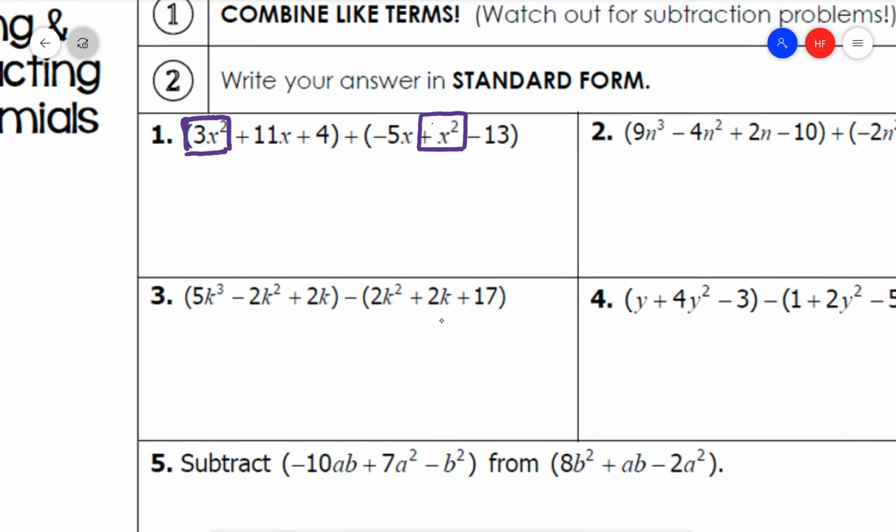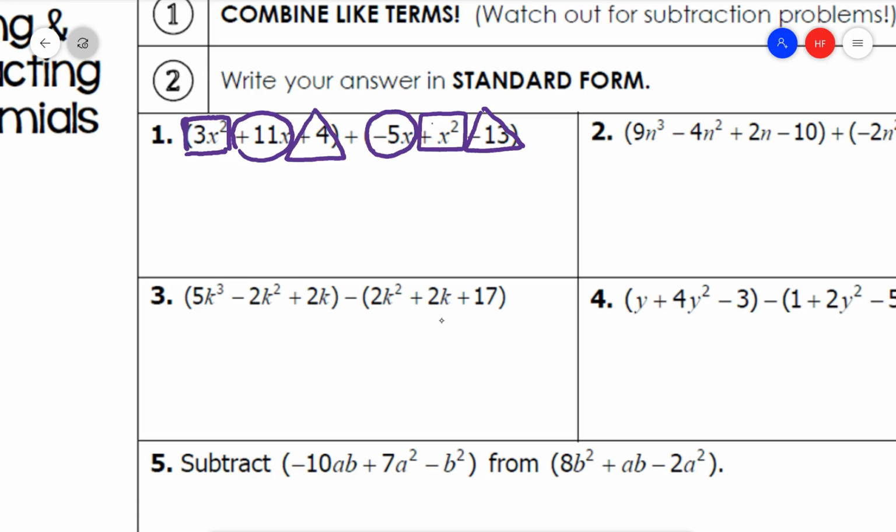Then just my x's, I put them in a circle. Then I'm going to put my constants in a triangle. So very much like what you might have done in Algebra 1 when you needed to combine your like terms and you needed to see what is the same. So the highest degree that I see is the highest exponent, so it's going to be the squared.